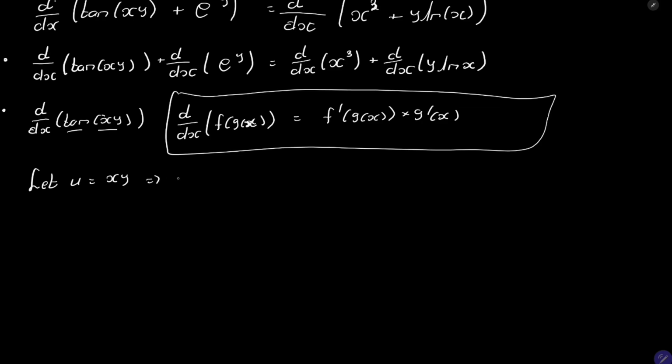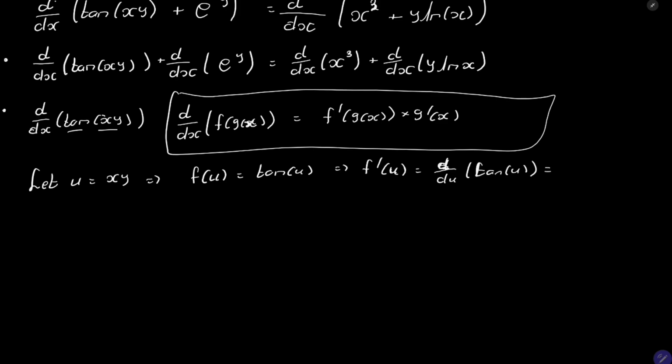This implies that our outer function, f of u, can be written as tan of u, implying that f prime of u is the derivative with respect to u of tan of u.